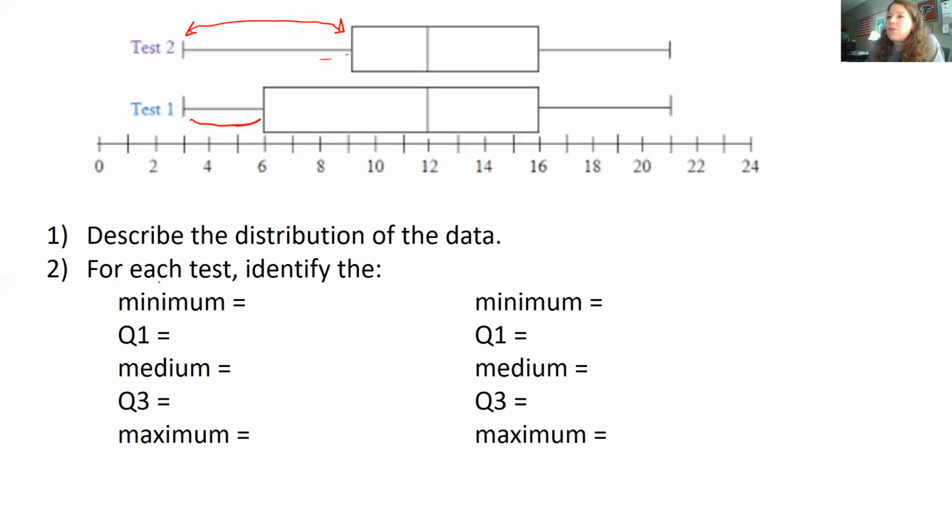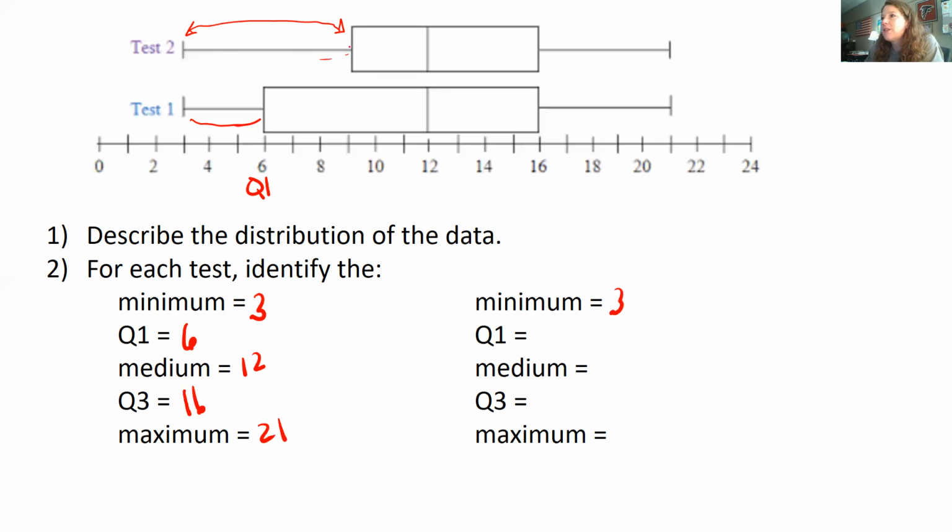All right, so for test 1, what is the lowest number? The lowest number is 3. The lower quartile, or the Q1, is 6. The line through your box always points to the median, which is 12. The upper quartile, or the Q3, is 16. And the maximum number is 21. All right, what about test 2? The minimum number is 3, same minimum.